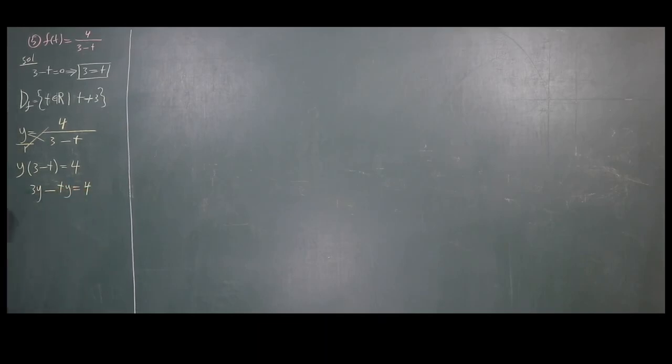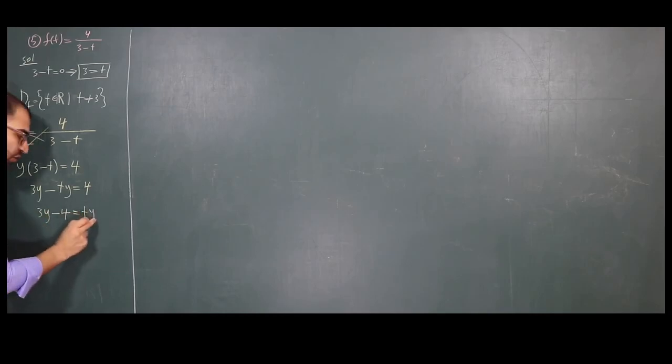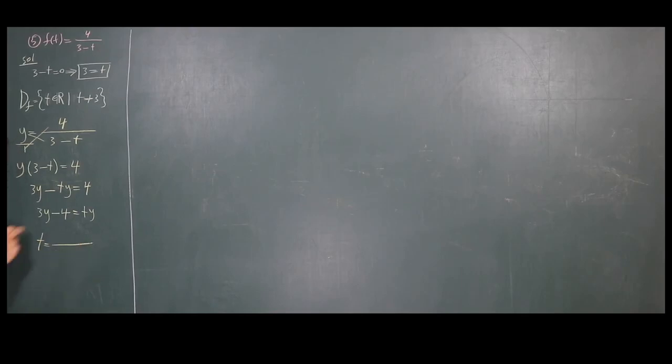I need to make t on the left side, and the others on the other side. So I'm going to move t to that side. That will be 3y, and I'm going to move 4 to this side to be minus 4, and that will be a plus ty. Then I'm going to divide by y. So the result will be t equals 3y minus 4 divided by y.